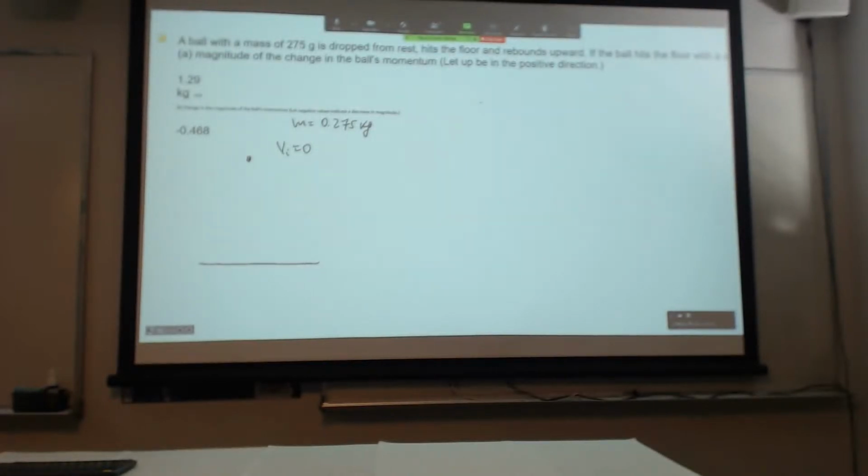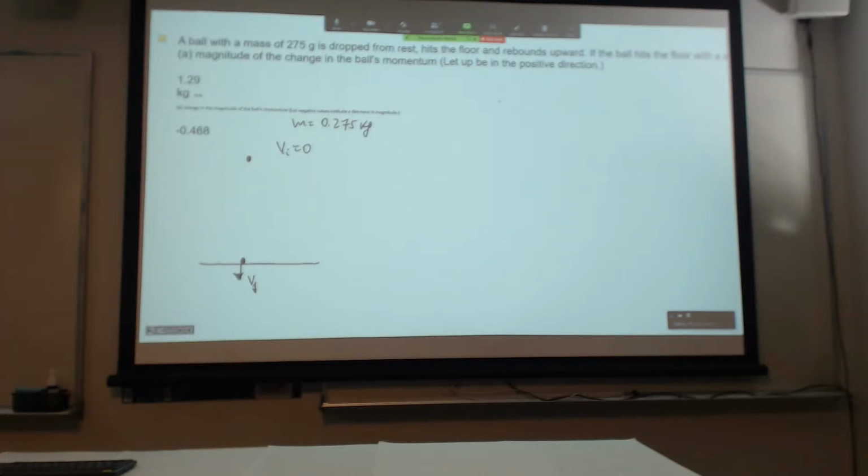So it hits the floor. When it hits the floor, it has a speed we call final speed for this particular part of the motion. But then it bounces off the floor and reaches a new height.